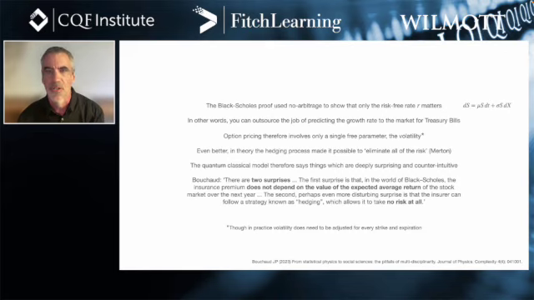I just find it ironic that people think that the quantum model is counterintuitive, when here's the classical model, which is saying things which are deeply surprising. As J.-P. Bouchaud said, there are two surprises. One is that the option price does not depend on the expected average return, and the other is that through hedging, we can take no risk at all.